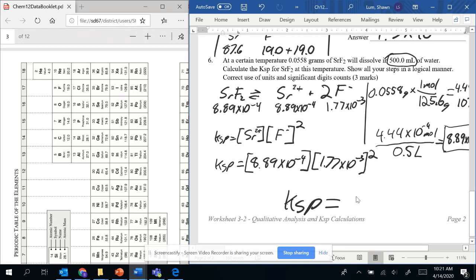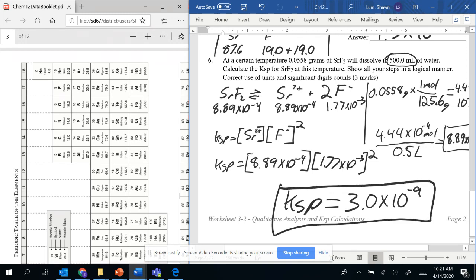It only gives me one sig fig here. So it just says 3.0 times 10 to the minus, let's see, 1, 2, 3, 4, 5, 6, 7, 8, 9, 10 to the minus 9. Your answer could definitely be different if you had a calculator that gives more than 10 digits. Mine only does. I need to upgrade my calculator game here.